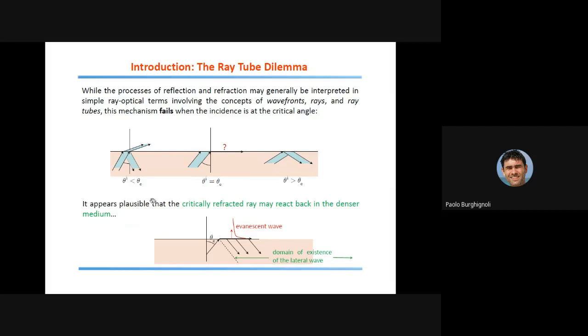However, it is plausible, at least intuitively, that the ray that is critically refracted may also, by reciprocity, be refracted back into the denser medium, and therefore this could be a mechanism for the power to be reflected in the lower medium. So we would have an evanescent wave in the upper medium that propagates grazing at the interface, so along the interface, and during its propagation there would be some power that comes back in the lower medium, and that's what we call the lateral wave.